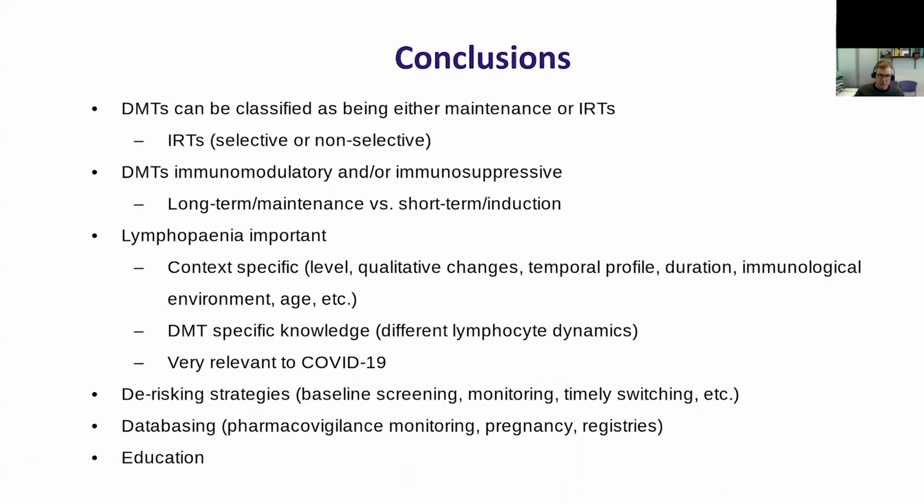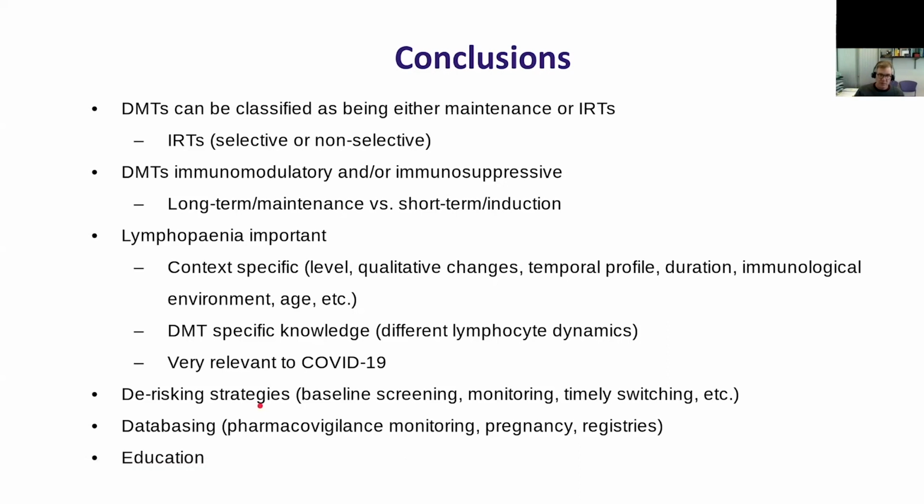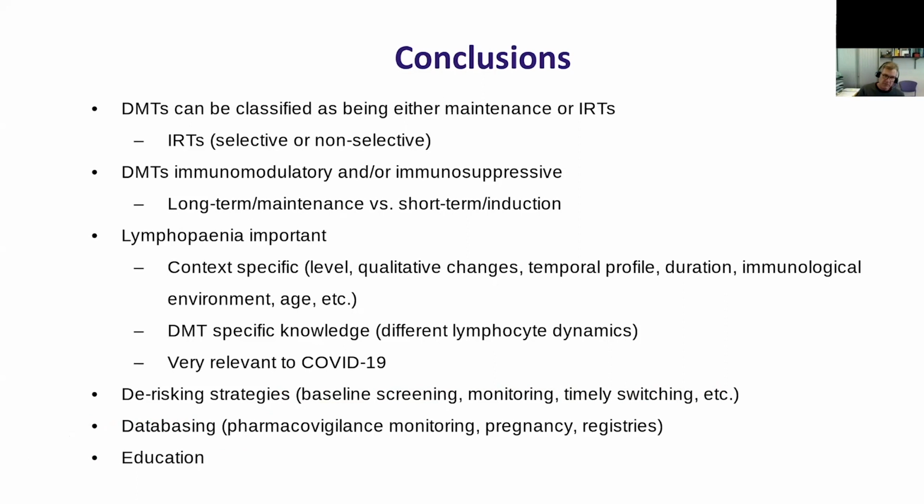I've already mentioned de-risking strategies, slightly different in the context of COVID-19. The immunosuppression, particularly viral immunosuppression, is very important. And that's one of the reasons why we stopped dosing alemtuzumab. And we've also stopped our HSCT program at our hospital. That will have to be recommenced later on when the risks in the general population of becoming infected with the virus drop. And I'd encourage you all, please don't forget to database, put forward all your patients who've got MS and developed COVID-19.